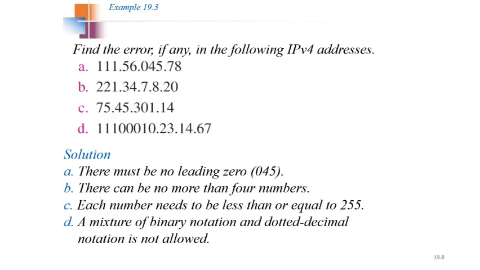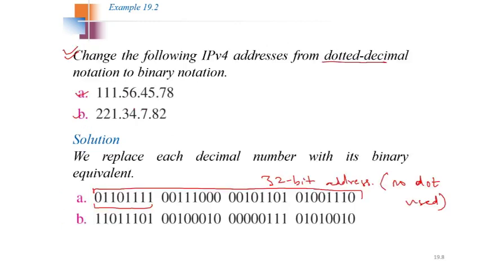Next, we will see how to find the error, if any, in the following IP addresses. Whatever the representation, we know each byte is 8 bits. If all 8 bits are ones, 11111111, its decimal equivalent is 255.